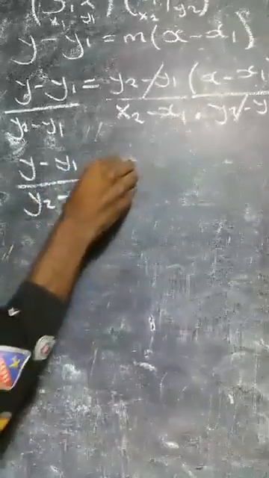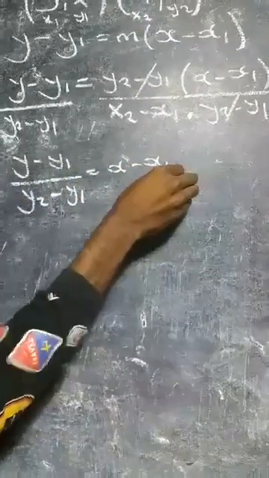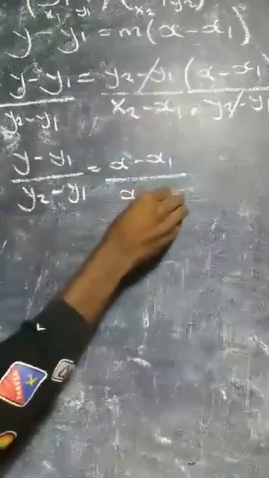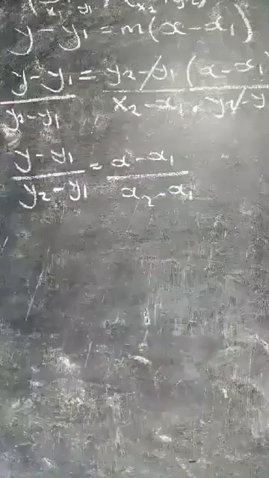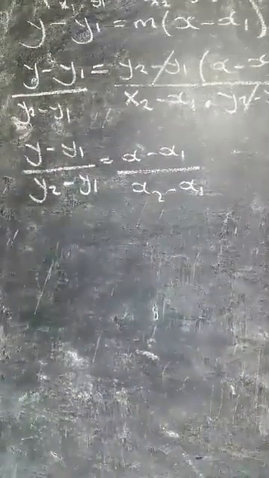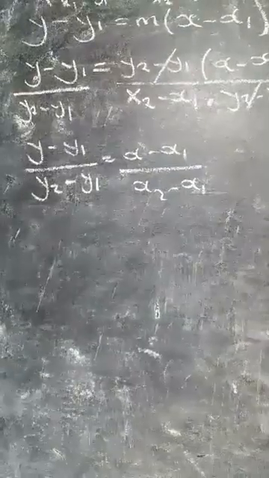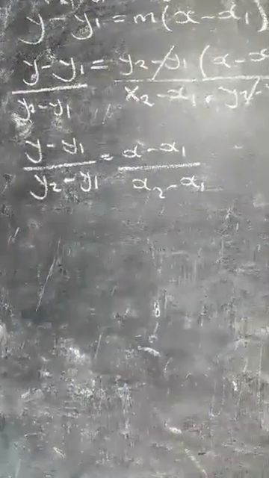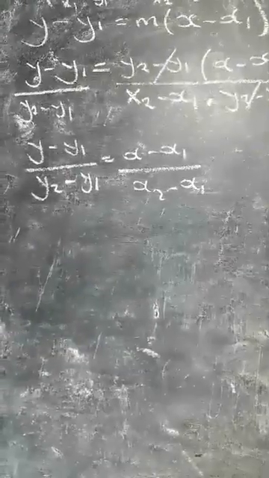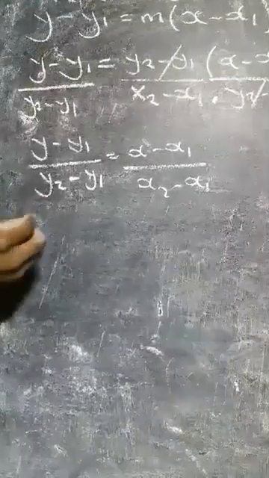is equal to x minus x1 over x2 minus x1. So what do we know? Our x1 is a 3, our y1 is a 2, x2 is a 4, y2 is a 3. So we can simply finish it up.